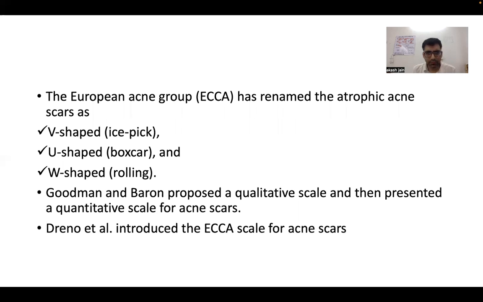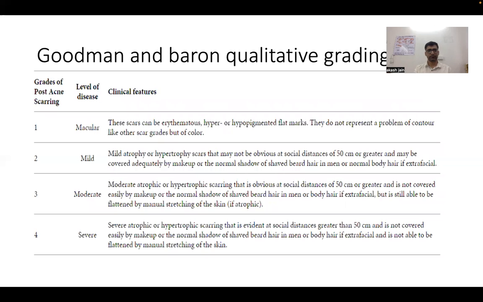Goodman and Baron proposed a qualitative scale and then presented a quantitative scale for acne scars. Reno introduced the PCA scale for acne scars. This is the Goodman and Baron qualitative grading for acne scars. It includes grades 1, 2, 3, 4: macular, mild, moderate, and severe. In the first, we would have just flat hyper- or hypopigmented marks.